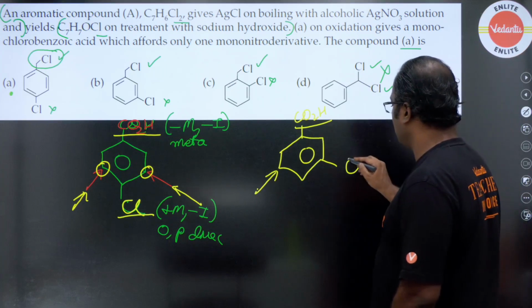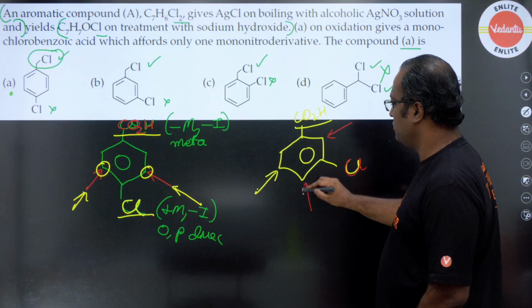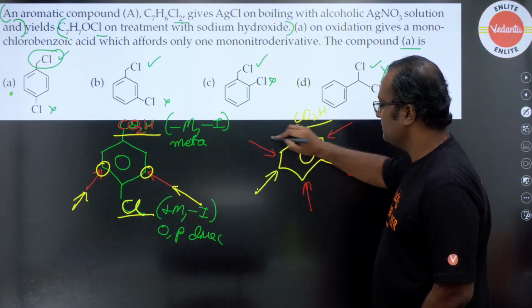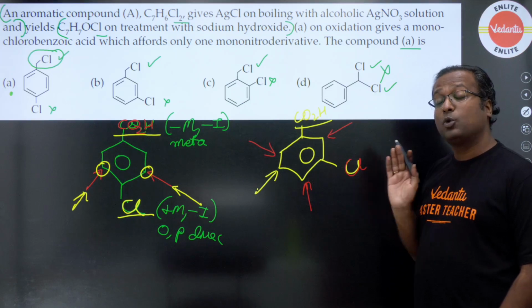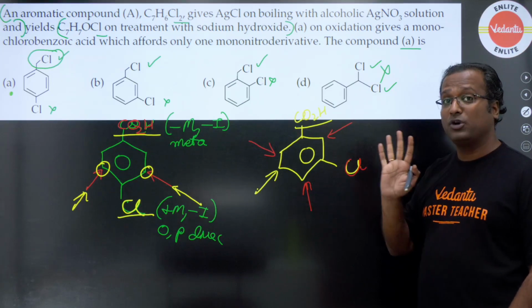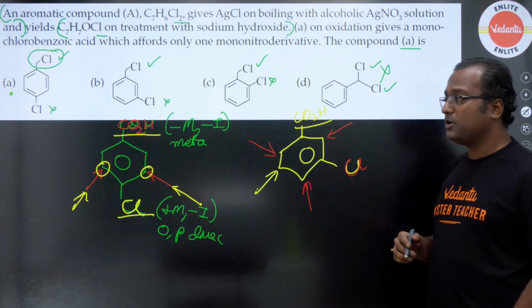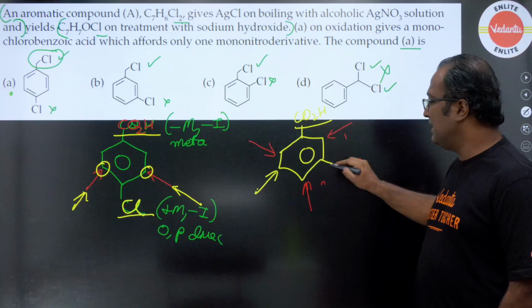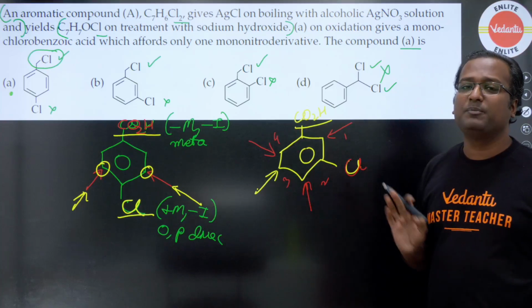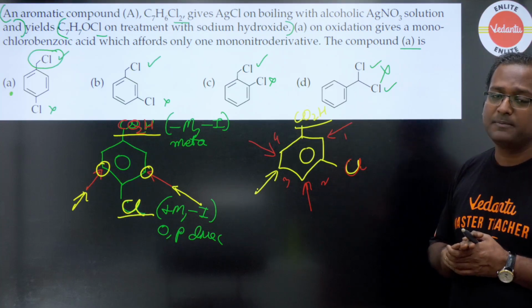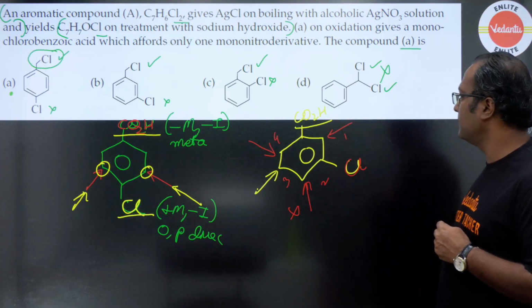And if we talk about Cl here, Cl is an ortho-para director. So ortho and para. That means how many total possible products? Total possible products are 4, isn't it? We are saying that at 4 different sites we can get products. I'm not talking about which will give major and which will give minor. I'm saying that 4 different products are indeed possible. So this is not our answer.